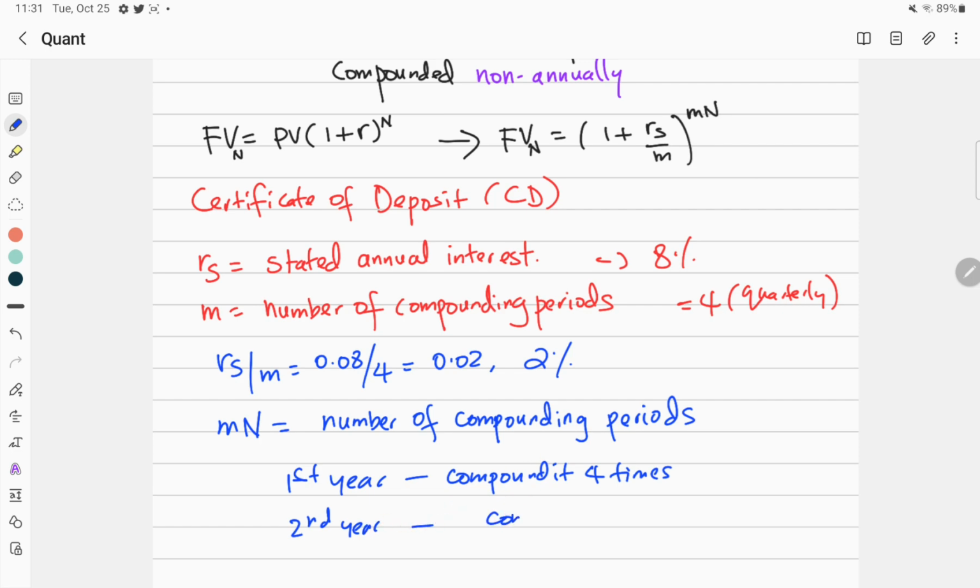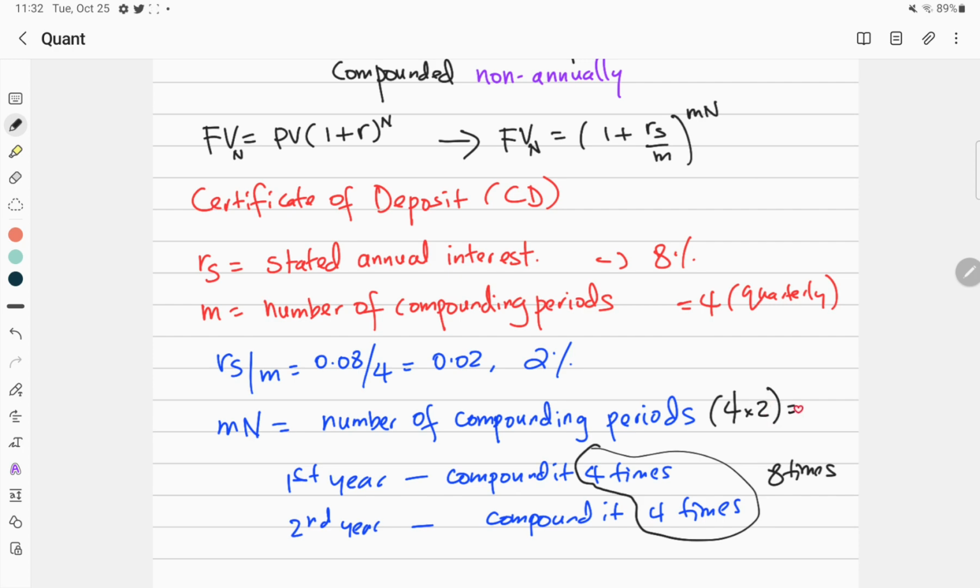Again, they compound it 4 times. So in 2 years, totally, it's compounded what? 8 times, right? So simply M times N is the number of compounding periods, which is they compound it 4 times per year times 2 years. So it's compounded 8 times in that 2-year period.